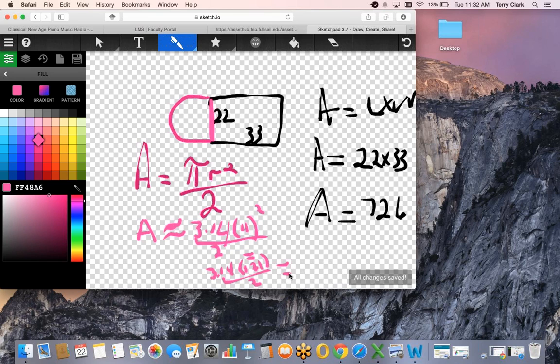Okay, so I'm going to take 3.14 multiplied by 121, which is going to be 379.94. I'm going to divide that by 2.